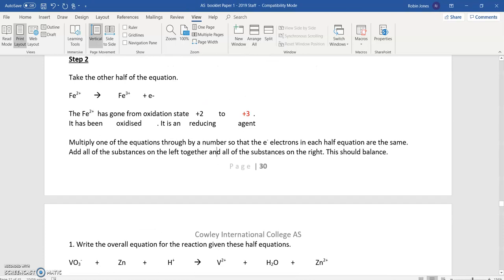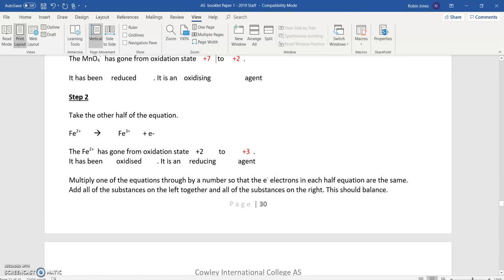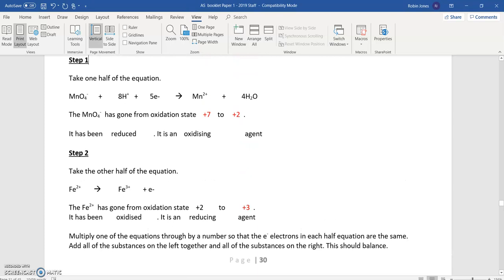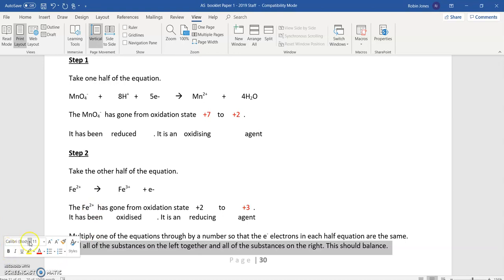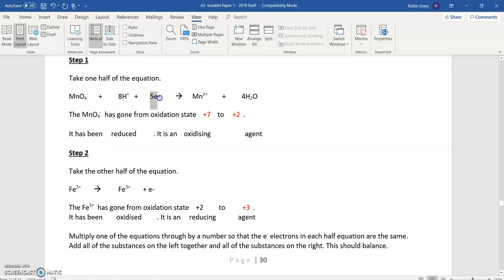Now then, we need to put these two half equations back together again. When we put the two half equations back together again, the whole equation, the overall equation as it's called, can't have any electrons in it. They need to cancel out. So if we have a look at how many electrons are in the top one, there are 5 electrons on the left.